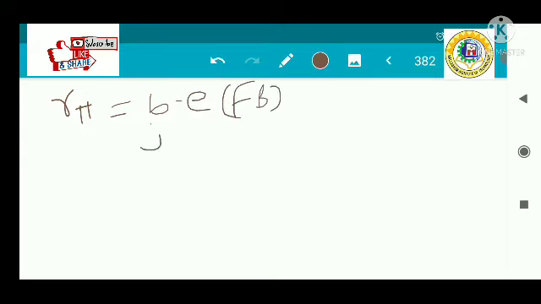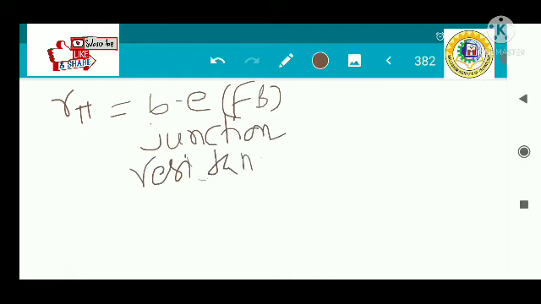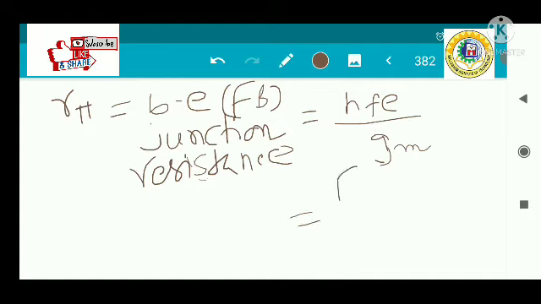It can be represented as HFE divided by GM, and HFE is nothing but beta, so this is beta divided by GM.